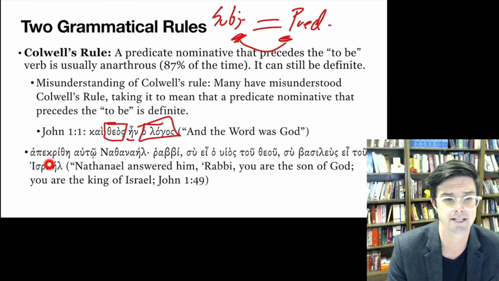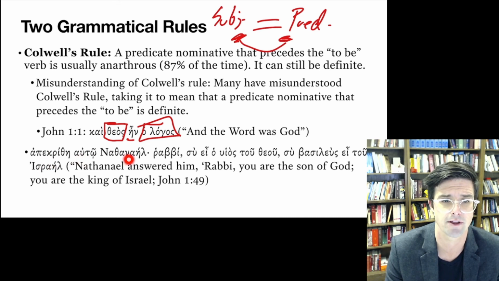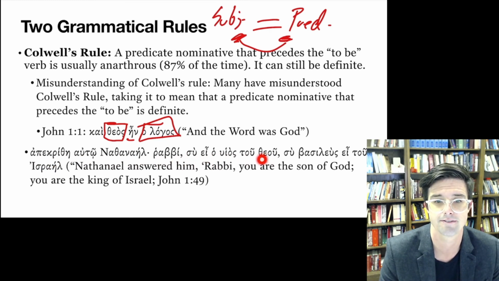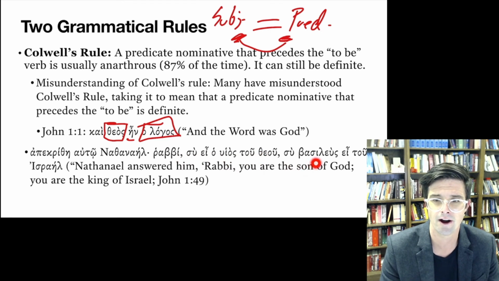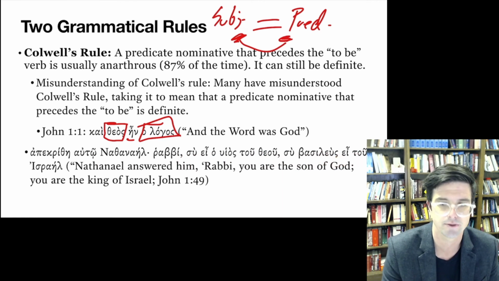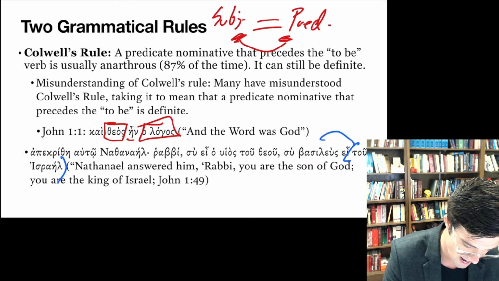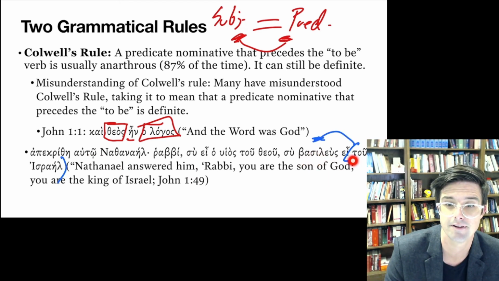And then just another example of this here, we have apekrithe autō Nathanael. So Nathanael said to him, "Rabbi, you are the Son of God." And then our Colwell's Rule in question here, it's going to be right here. Su basileus ei tou Israel. So tou Israel goes back with basileus, king of Israel.